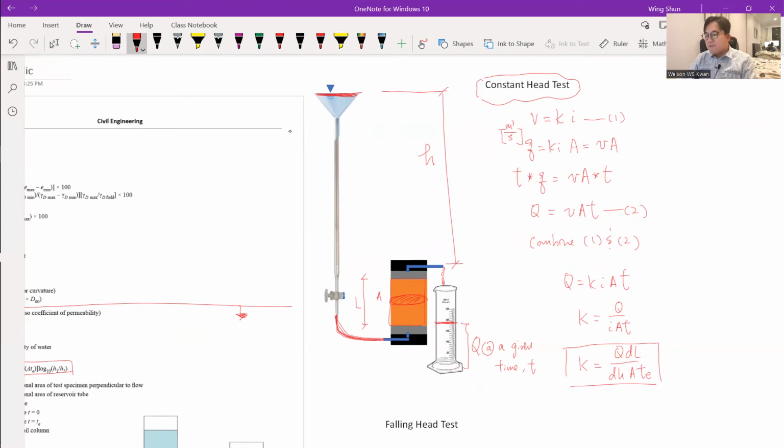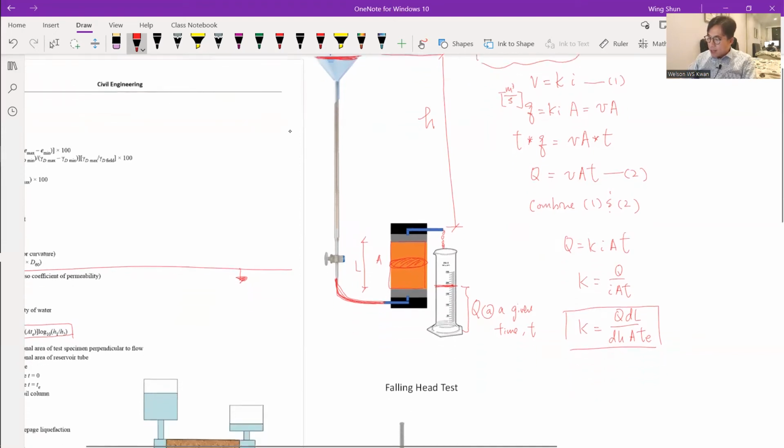We can find it indirectly through other parameters that we can physically measure in the lab, including the Q, the water volume, and dL, dt, the gradient, and also the head, the area, and the time. So this dh here is pretty much just the head that we apply in the lab.